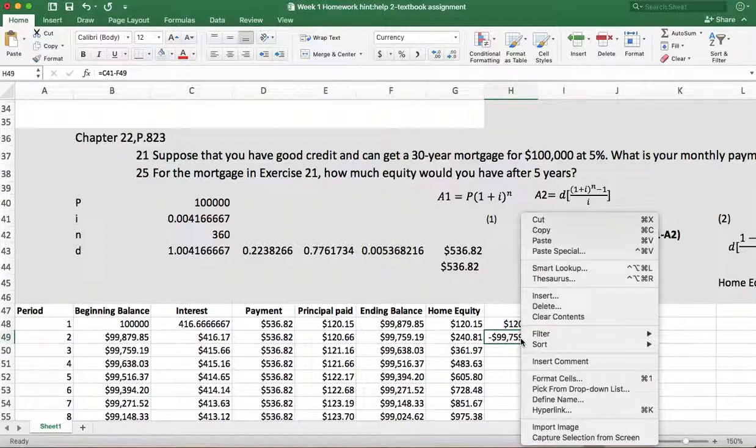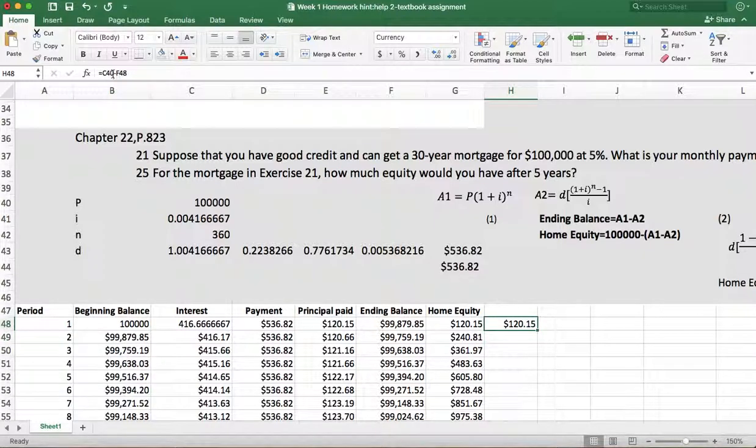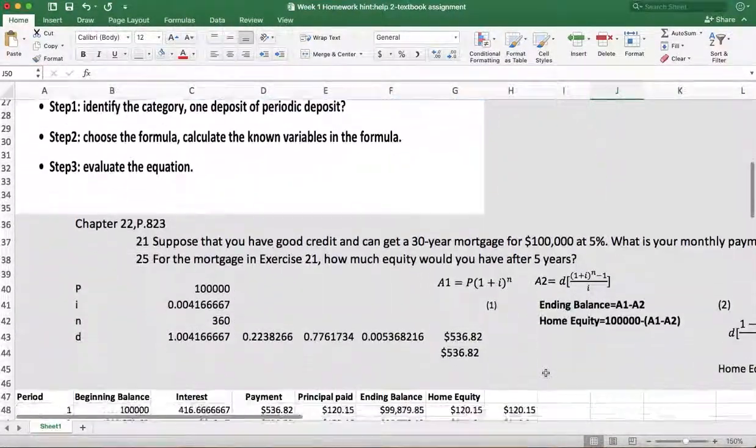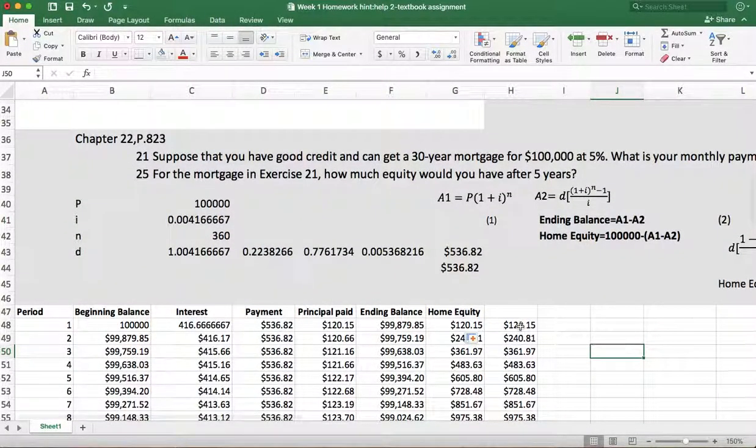I need to lock it, otherwise I need to always use this one. You get the same. The market value is assumed to be the price you buy this house.